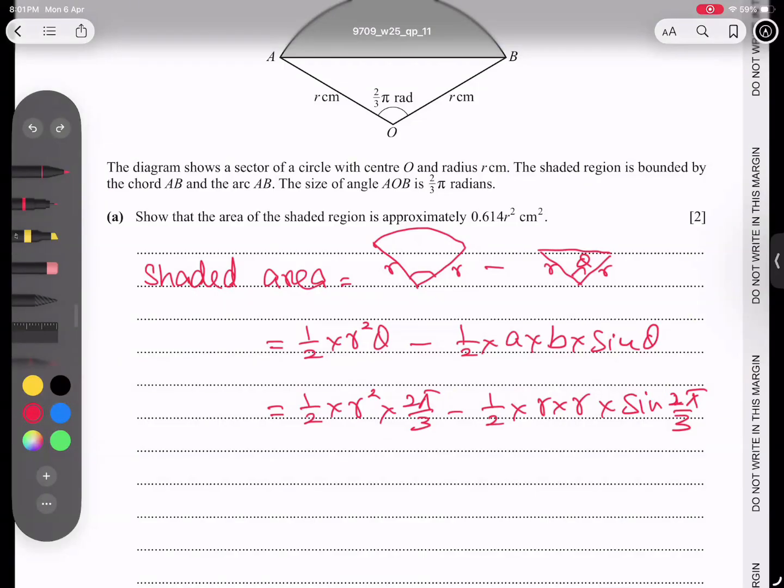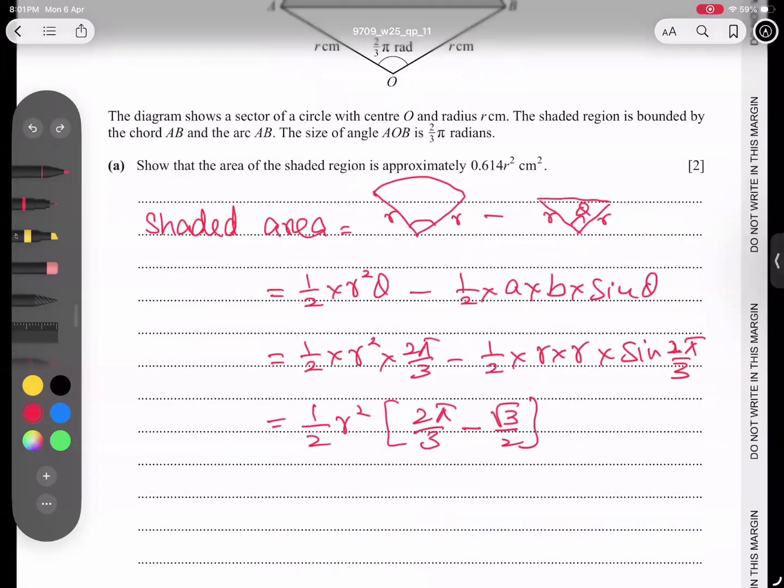Okay, root 3 by 2, and this is our r square common out. So I can take half common out, r square common in the bracket, 2 pi by 3 minus root 3 by 2. But he said convert into this form, so I must type all together except r square.